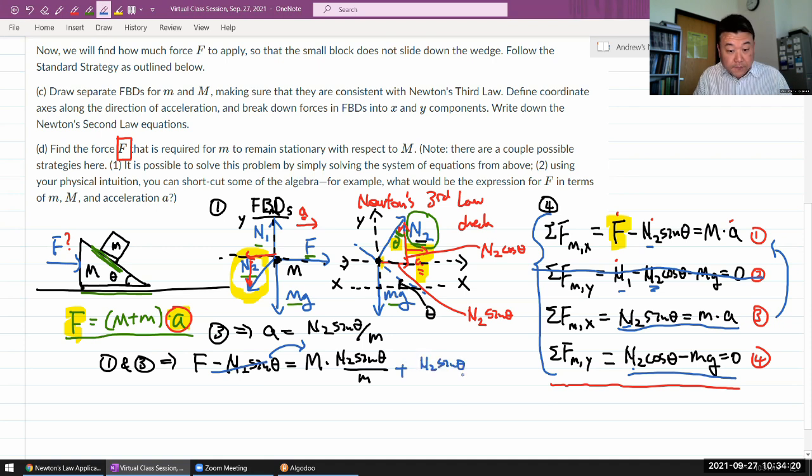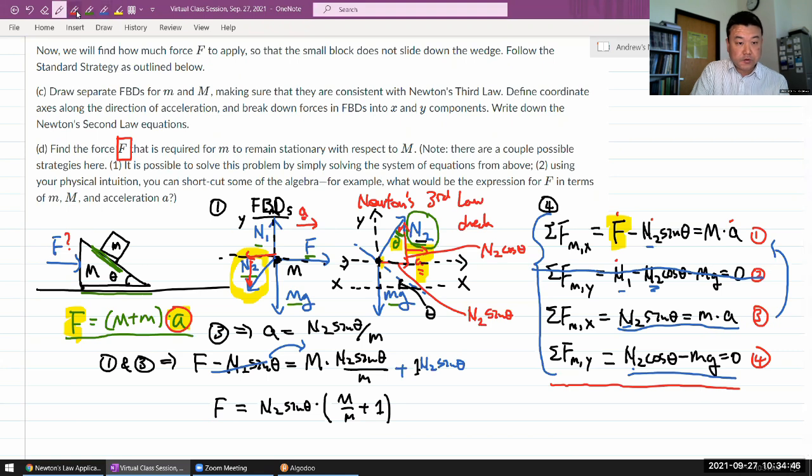And I think I can actually factor out N2 sine theta. And when I do, this is the whole simplified expression. Force F is equal to N2 sine theta times big M over small m plus 1 here. You can distribute it back and double check that I didn't make any mistakes.